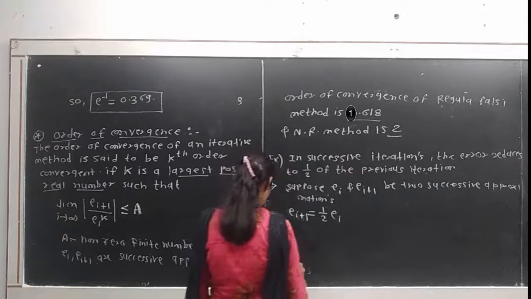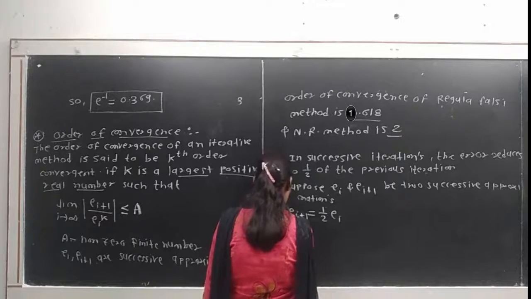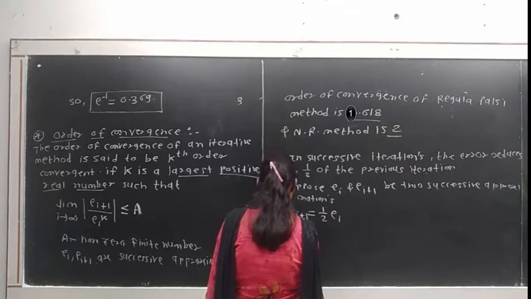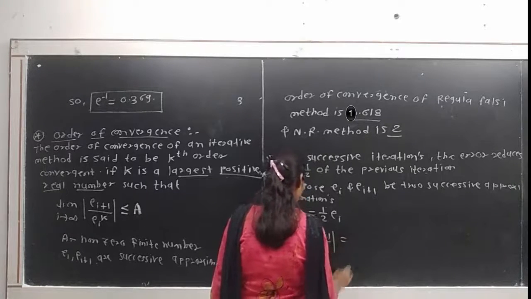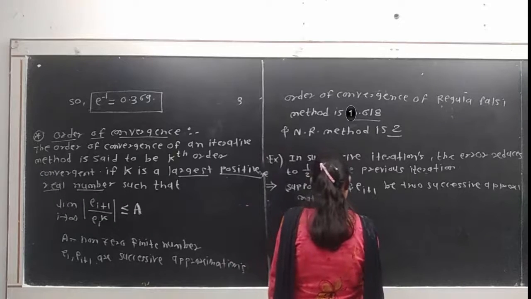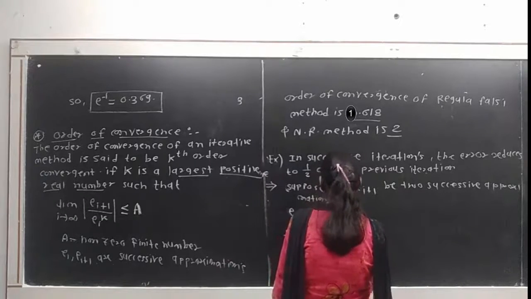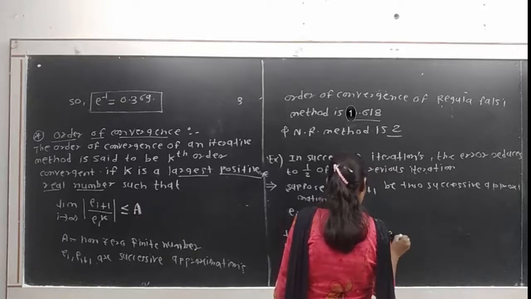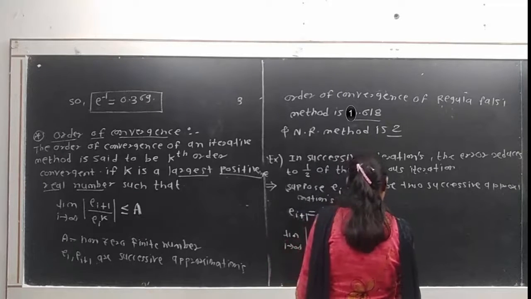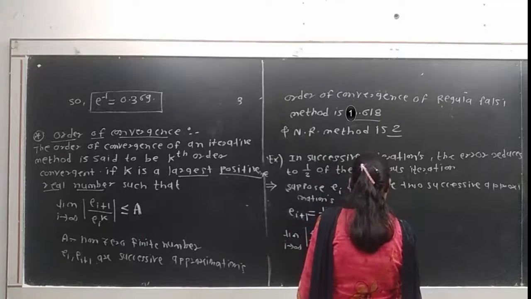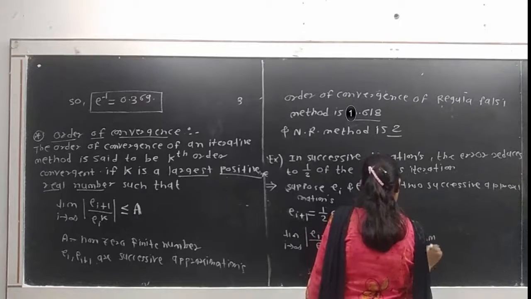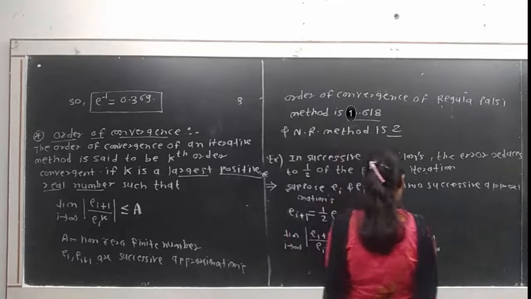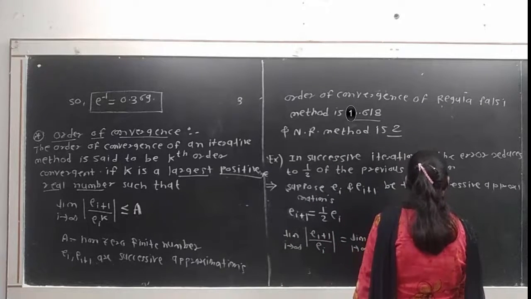Then by using the definition, limit i tends to infinity of mod of e(i+1) divided by e(i) is equal to limit i tends to infinity of mod of 1 by 2 e(i) divided by e(i). The e(i) gets cancelled and mod of 1 by 2 is 1 by 2.